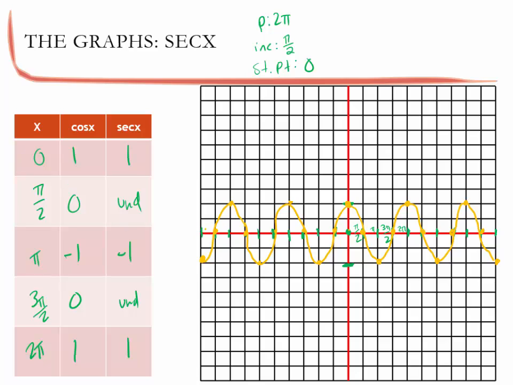Alright, we good? And now we draw our vertical asymptotes whenever we have a 0. There's a 0 here. There's another 0 here. We got a lot of them. Notice these are at every pi over 2.